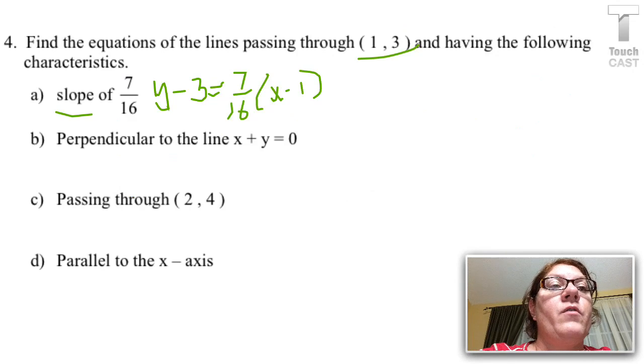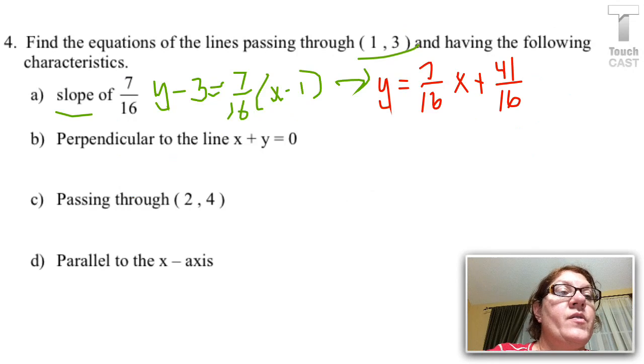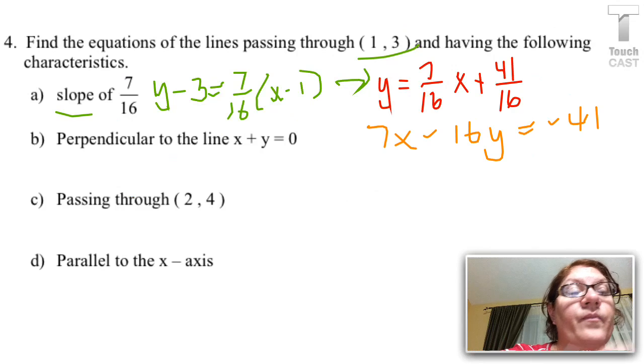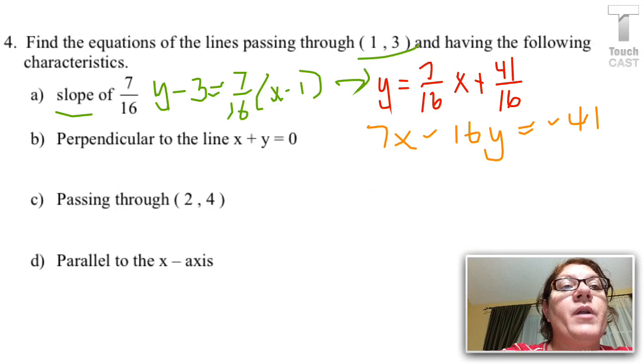And if I want to be an overachiever, I can convert it to y equals mx plus b, which would look like this. And if I want to overachieve even more, I could turn it into standard form, which would look like this. All that magic. So if there's something that you don't understand, be prepared to ask that tomorrow, but I would expect that you could write all three of those.